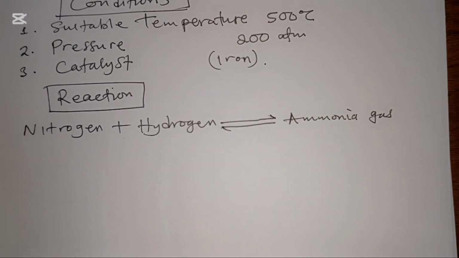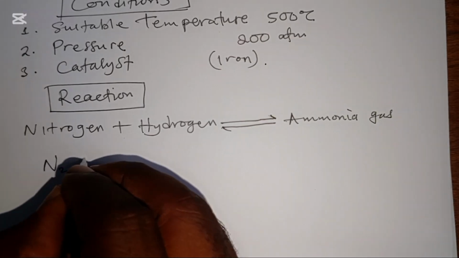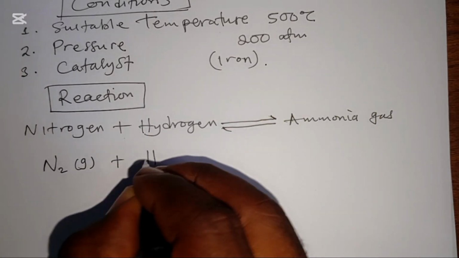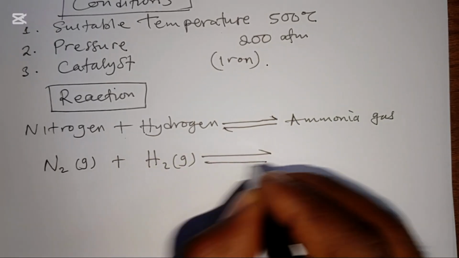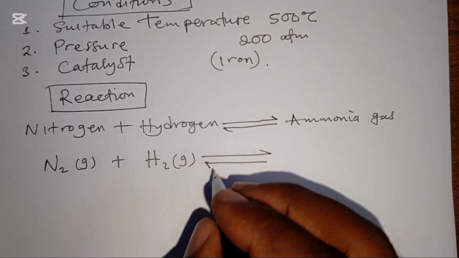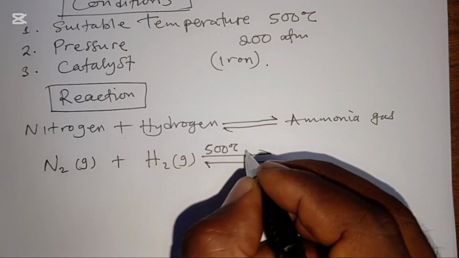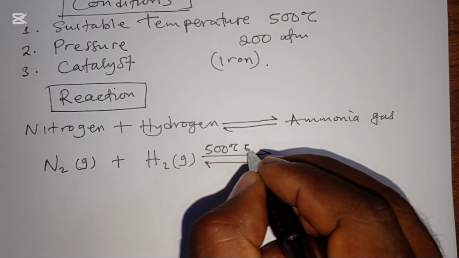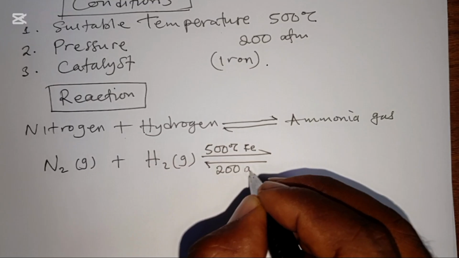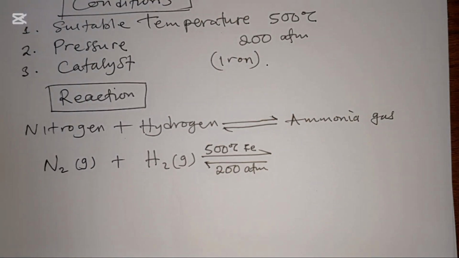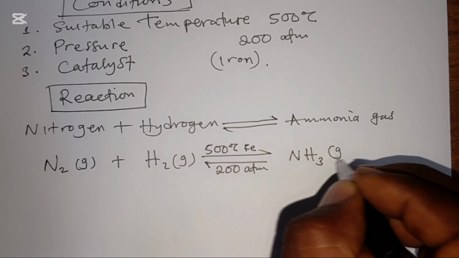So the chemical equation: nitrogen gas plus hydrogen gas, at a temperature of 500 degrees Celsius, with iron as catalyst and 200 atmospheric pressure, gives the product ammonia gas.